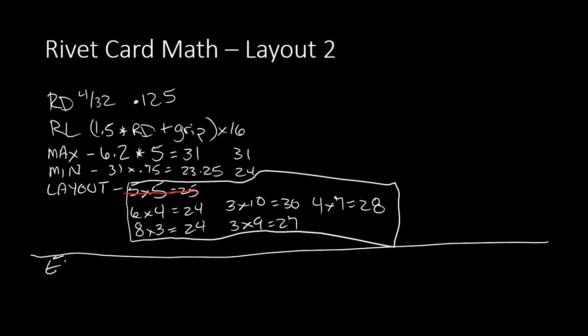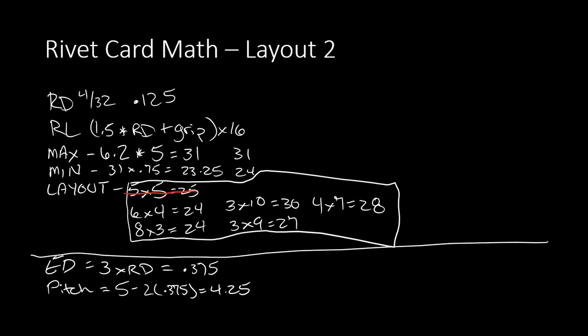get your edge distance. 3 times rivet diameter, which happens to be 0.375. And then pitch will be 5 minus 2 times 0.375, which gets you like 4.25. Divide by 1 less than the number of rivets going across.